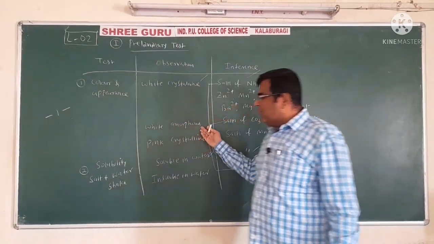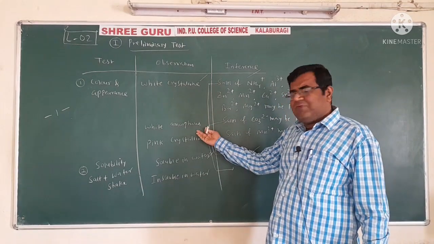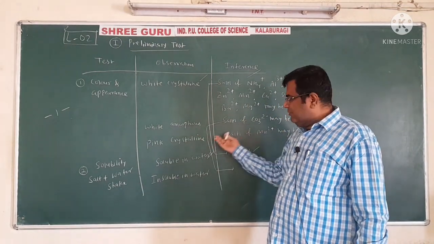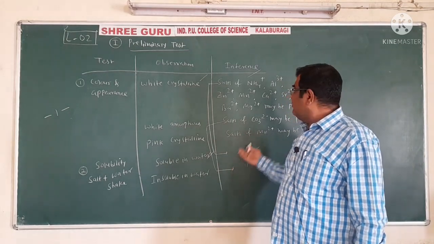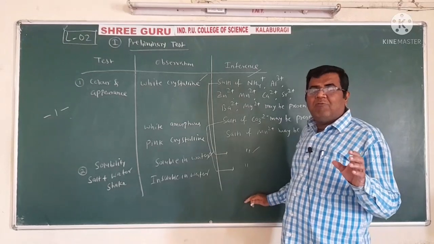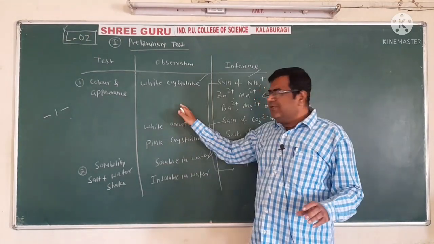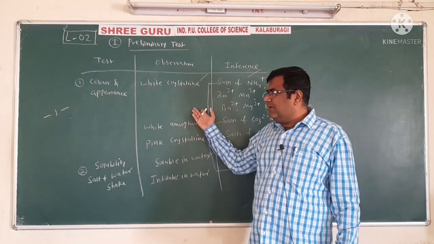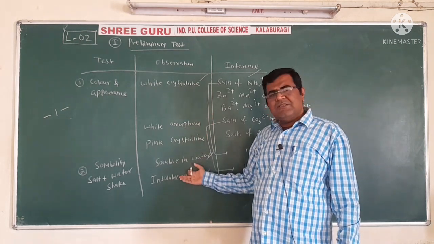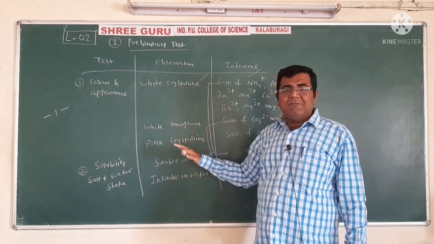If your salt is amorphous, you will see whether you have written amorphous at the particular observation. Pink crystalline, whether you have written or not, and solubility you have written or not. So you completed the first part of 1 mark successfully within just 1 or 1.5 minutes. Color, appearance, and the solubility. So this is the preliminary test.